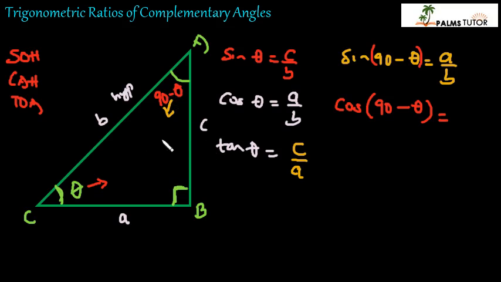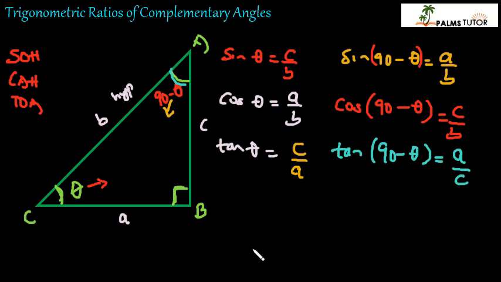So adjacent over hypotenuse will be C over B. Likewise, tan 90 minus theta will equal opposite over adjacent, and the opposite of this angle is A and the adjacent is C. So you don't really need to cram that sine theta equals A over B, or sine 90 is whatever. Just be sure of how the triangle has been labeled and try to figure out what the relationships between them are.